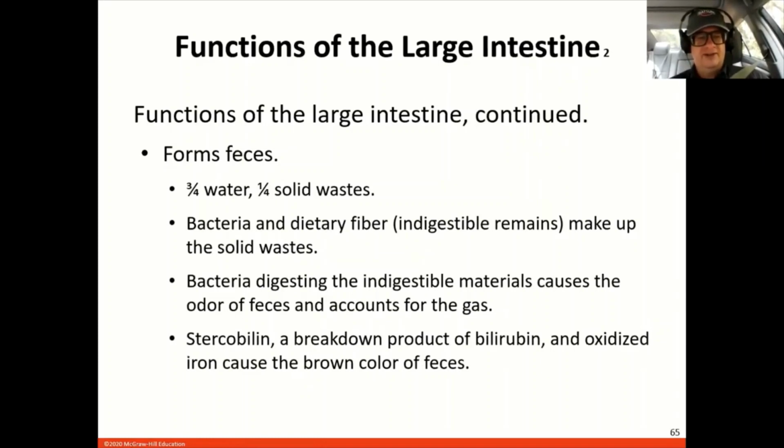So feces are three-quarters water, one-quarter waste on average. Obviously that varies. There's a scale that they follow to describe the consistency.